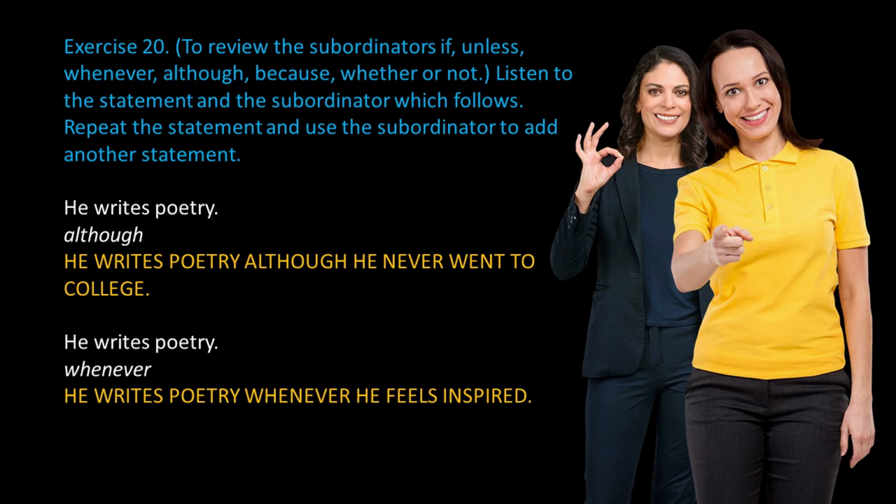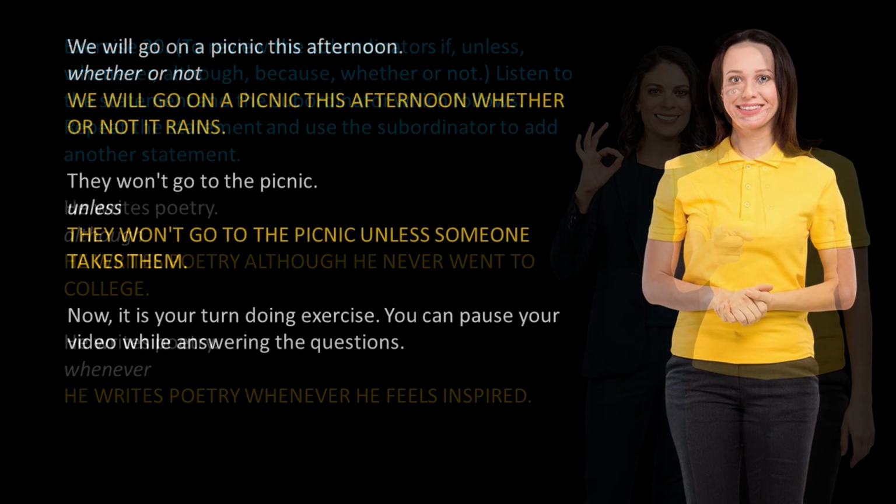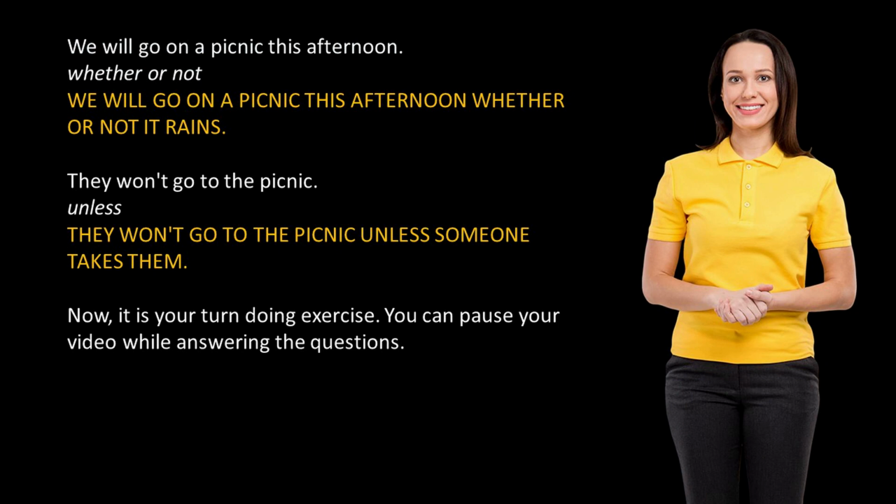He writes poetry, whenever he feels inspired. We will go on a picnic this afternoon, whether or not. We will go on a picnic this afternoon, whether or not it rains. They won't go to the picnic, unless. They won't go to the picnic, unless someone takes them. Now, it is your turn, doing exercise. You can pause your video while answering the questions.